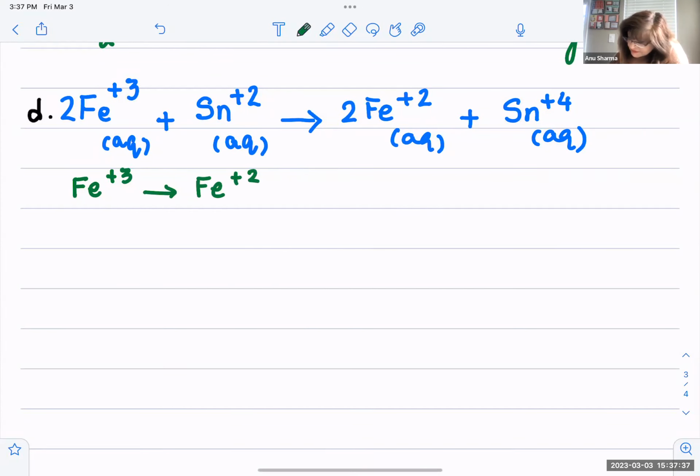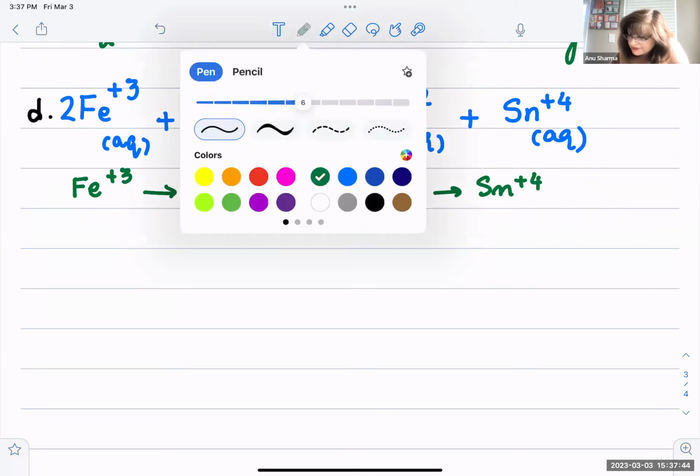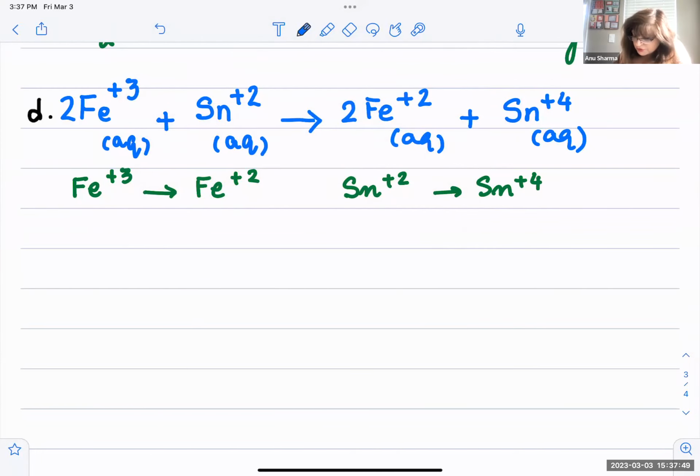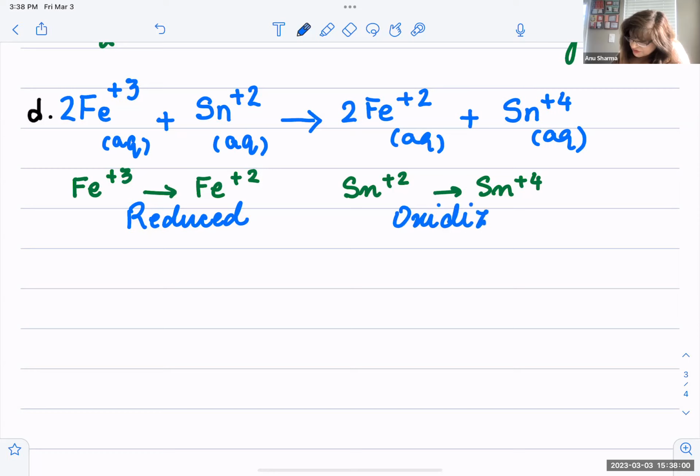And tin is moving from +2 to +4 state. Going from +3 to +2 is reduction. So iron got reduced. Tin moving from +2 to +4 is oxidized. So you have to pay attention to this charge change, from 3 to 2 and 2 to 4.